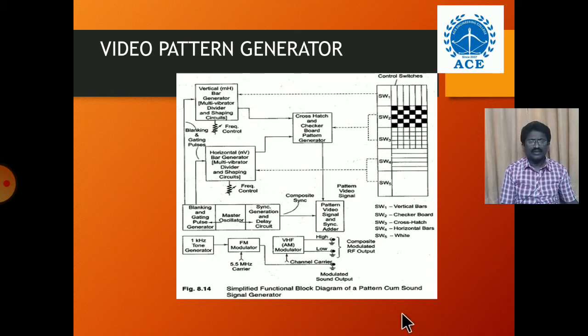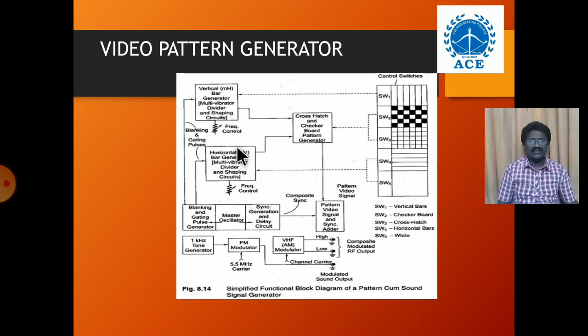So actually this generator employs two stable chains of multivibrators. So observe here, this has a vertical bar generator. So this is one type of multivibrator, which also has a divider and shaping circuit.